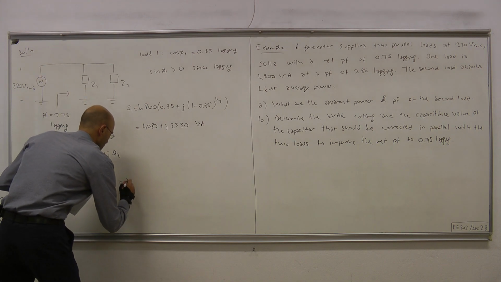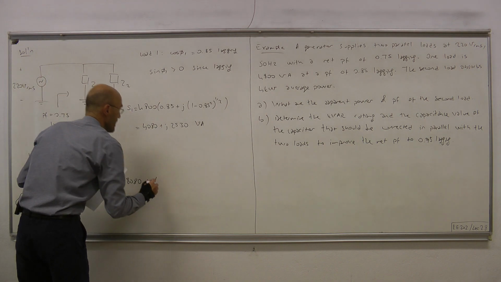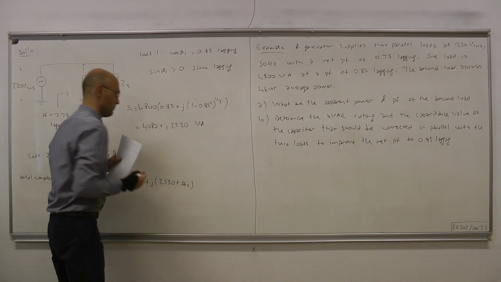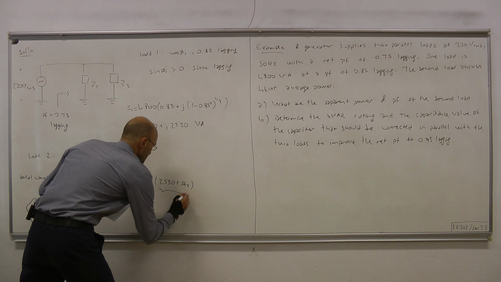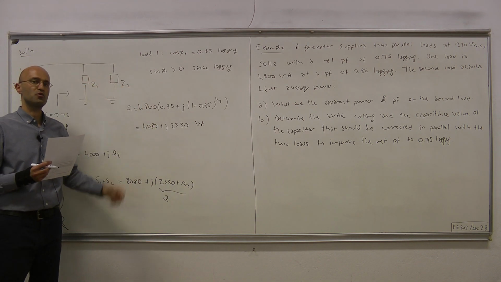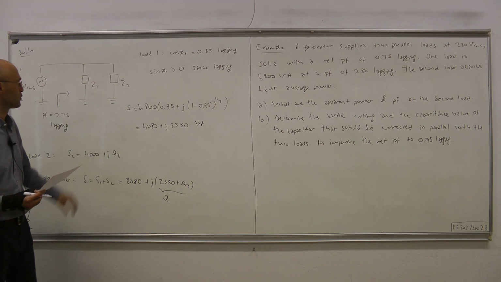S equals S1 plus S2, and that we can write as 4080 plus j(2530 plus Q2) volt amps. And this is the overall reactive power that's delivered to or consumed by the total load.